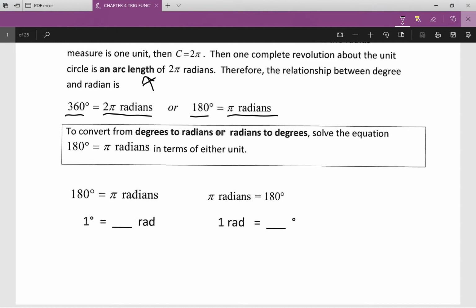That means that 1 degree would equal pi over 180 radians. If pi radians equals 180 degrees, that means 1 radian, dividing both sides by pi, would equal 180 all over pi degrees.